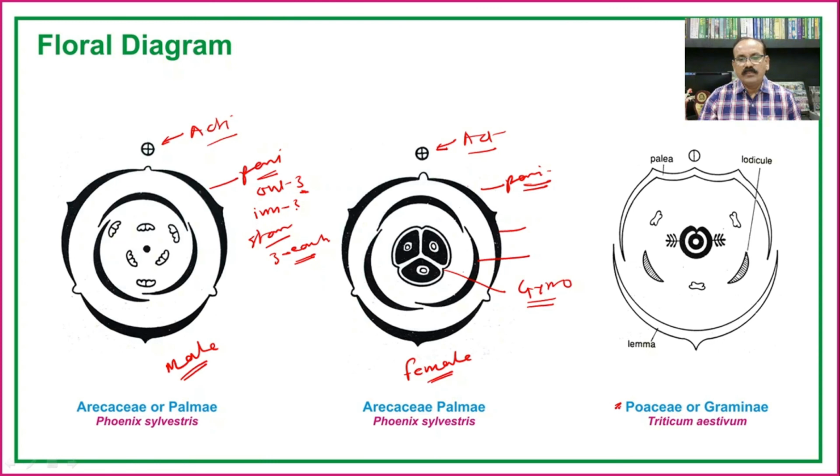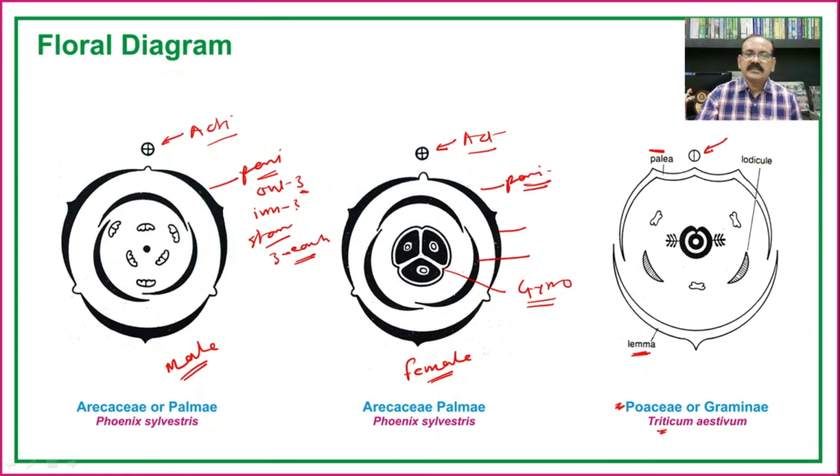In the family Poaceae, here it is somewhat different, because the flowers are minute and they are considered as spikelets or the unit of the spikes. In this flower, the outer glum is known as the lemma, and the inner glum is known as the palea, which are responsible for covering the different floral parts from the outer side.